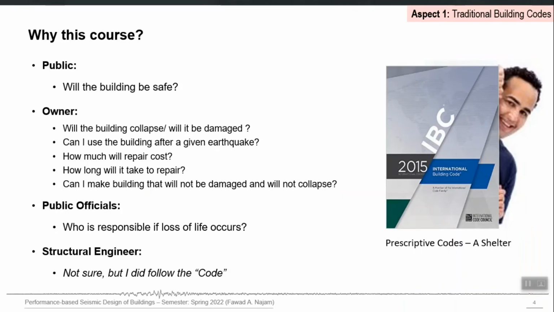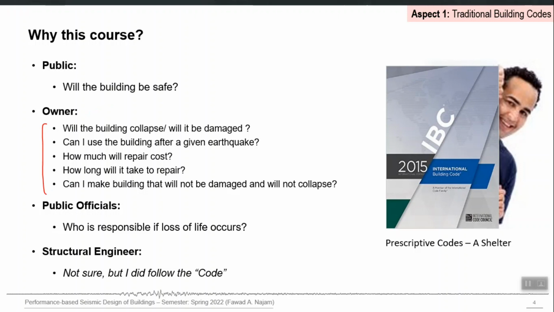So, the question from the public is simple. Will my building be safe? What level of damage can I expect for a certain level of loading? Building owners ask explicit questions about building performance. How much repair cost will I have to pay if a certain level of earthquake occurs tomorrow?